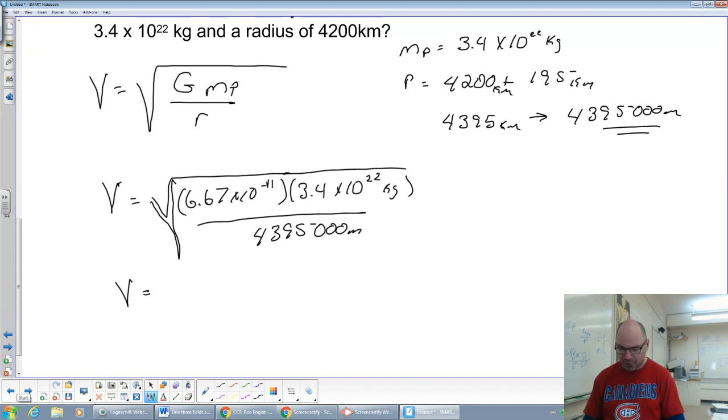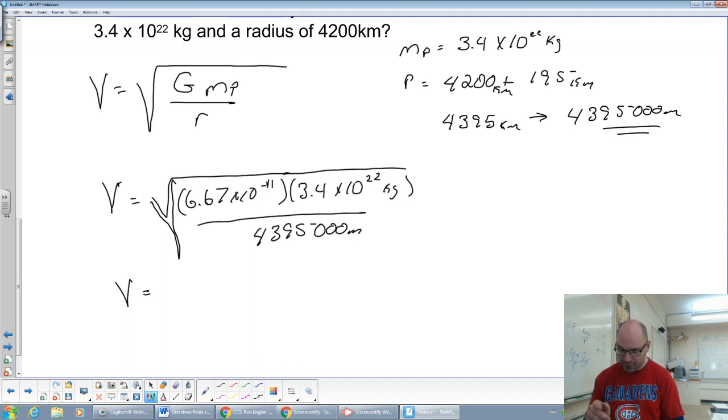So taking our calculator out, we go 6.67, scientific notation negative 11, times 3.4, scientific notation 22. And then we divide it by 4,395,000 meters.